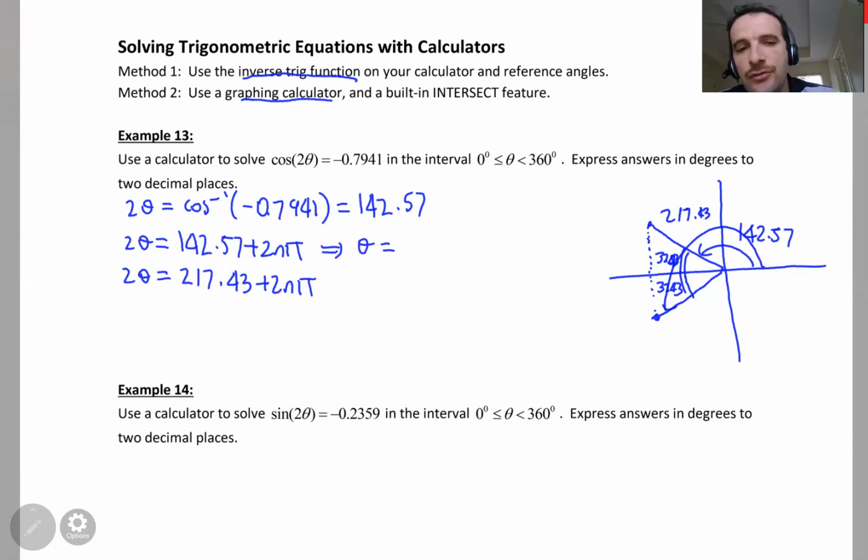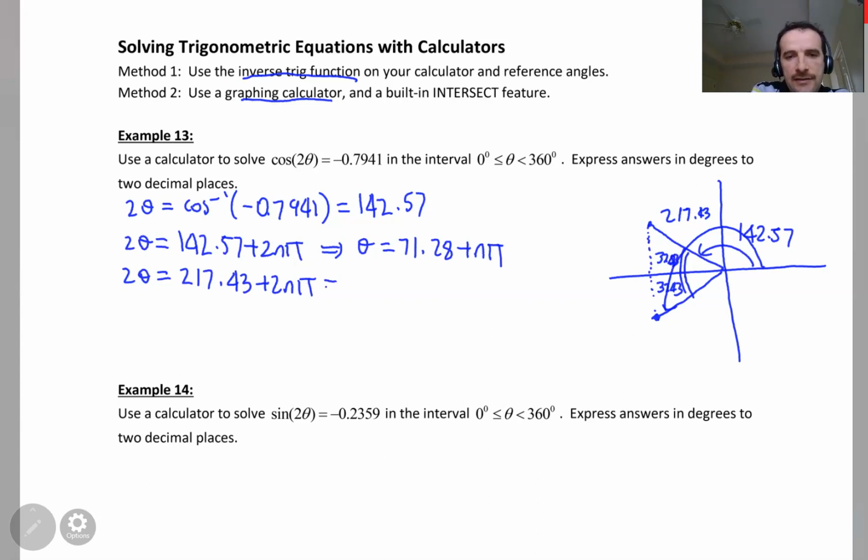If I divide 142.57 by 2, I get 71.28 plus n pi. We should also divide this part by 2, so the 2's cancel and we get just n pi.